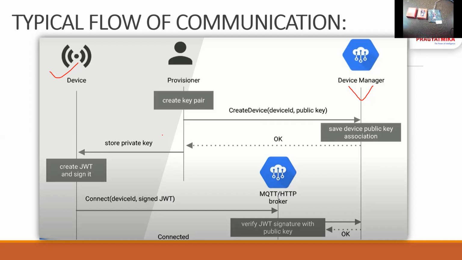And in case of this cloud environment, we have JSON web tokens. So JWTs are always created for device signing and for authentication purposes. Whenever the flow of communication happens, from the two sides, the device side and the device manager side, the communication relates to the exchange of the public key and private key pair. And that relates to the device ID.